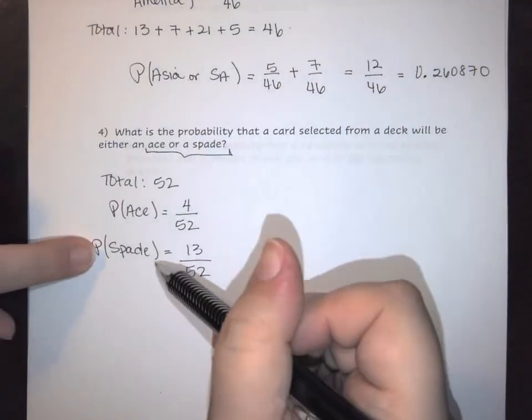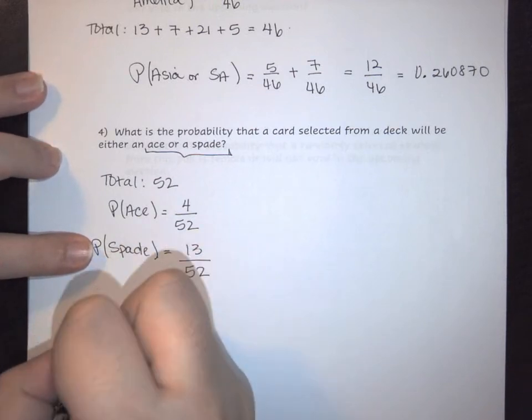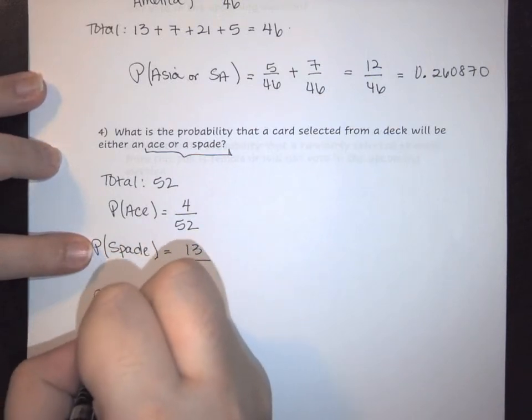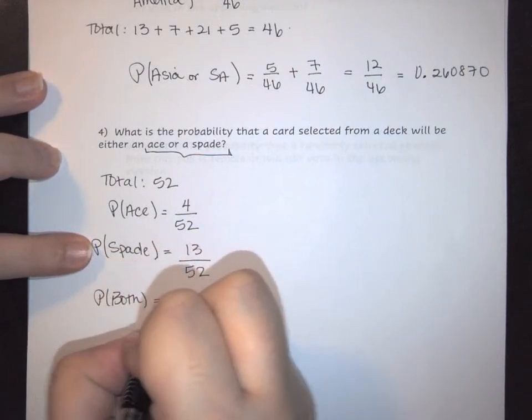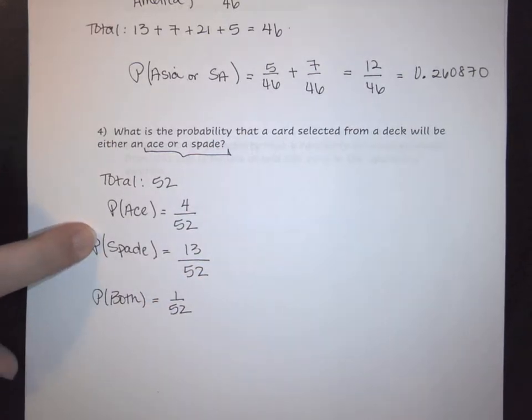Now, with my spades, I will have an ace. So the probability of getting both is going to be 1 out of my 52 cards, because I have an ace of spades as one of my cards to choose from.